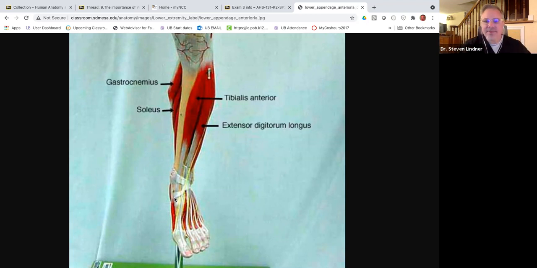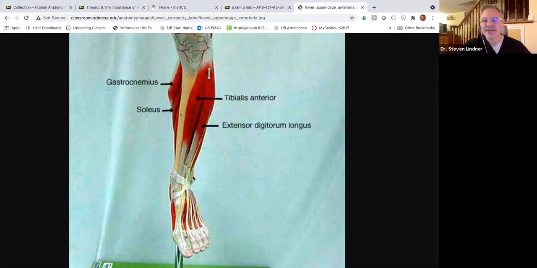We spoke about this a little bit when I talked about osteology in a previous lecture, and we compared the lateral malleolus to the medial malleolus. The lateral malleolus, which is the distal end of the fibula, descends further distally than the medial malleolus, which is the distal extension of the tibia.